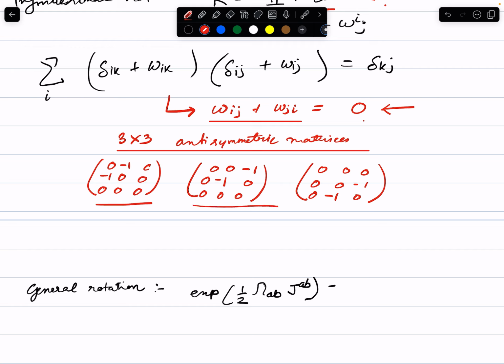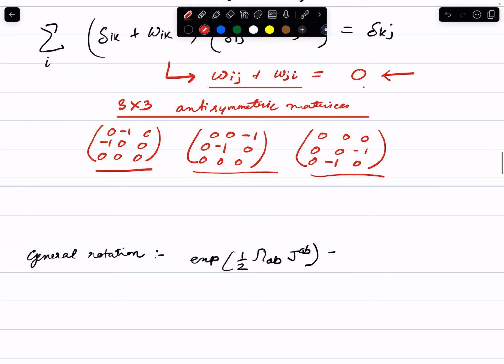These are called generators of rotation, meaning these are the independent infinitesimal rotations that I can give. They correspond to the rotations along the 3 axes. If you remember your quantum mechanics, they correspond to your Lx, Ly and Lz angular momentum operators, which are generators of rotation.